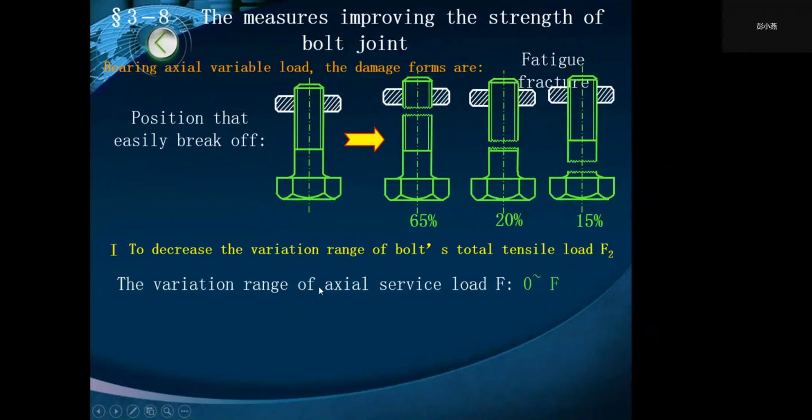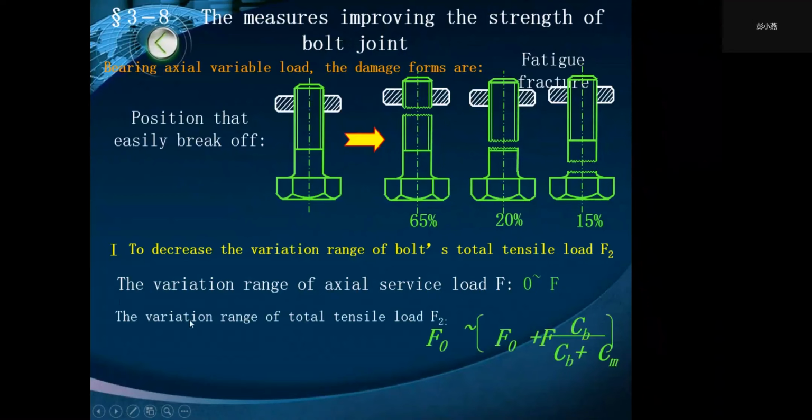The axial service load F varies from 0 to F, and then the total tensile load varies from F0, which is the preload, to preload plus this. F is the maximum external force.